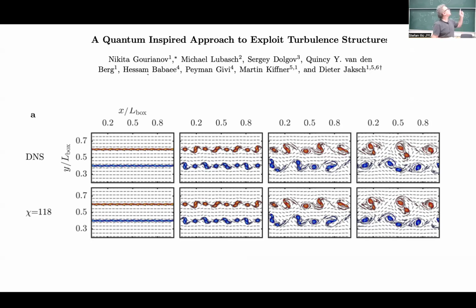So for instance, if you want to do turbulence, one of the problems you will be interested in is to solve the equations of a flow around the wing of a plane.